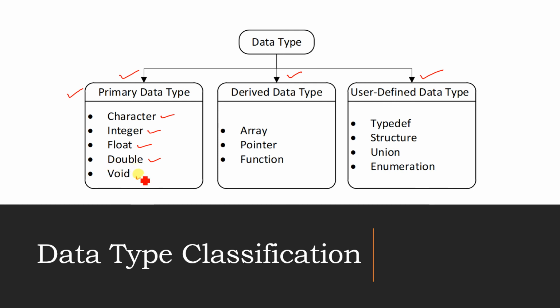And void is another data type that is not used for declaring any variable, but it specifies the return type of some functions. What void is and how it specifies the return type, we will discuss in subsequent classes. The main focus is on the primary data types, and the derived and user defined data types will be discussed subsequently whenever there is a need.